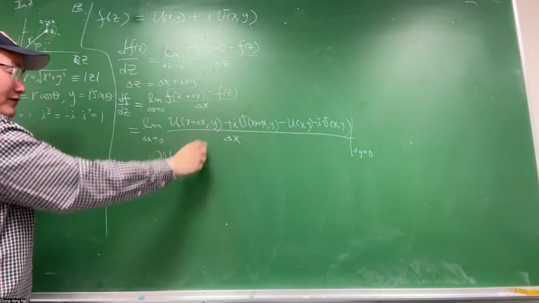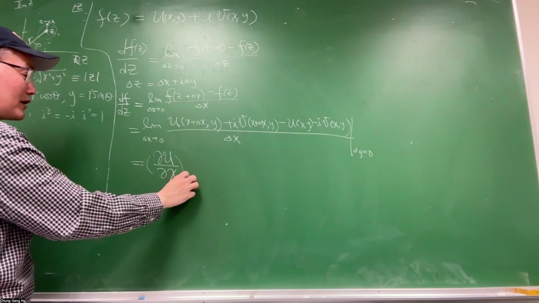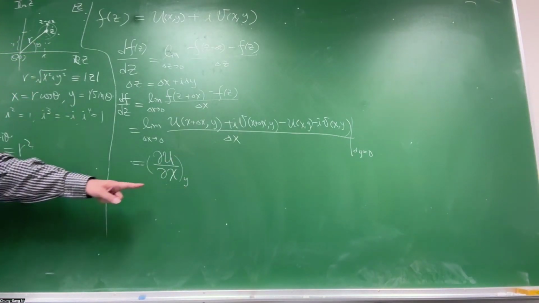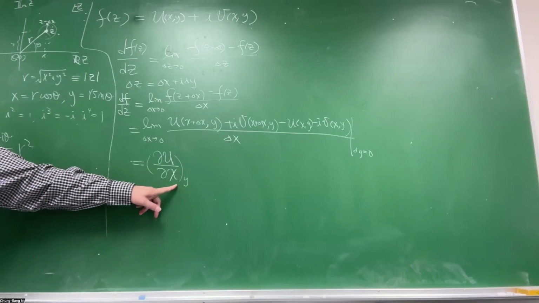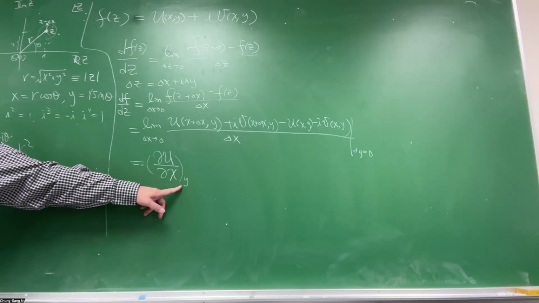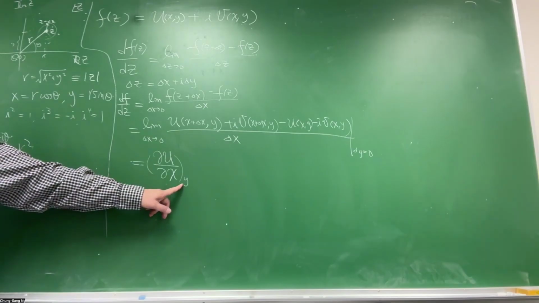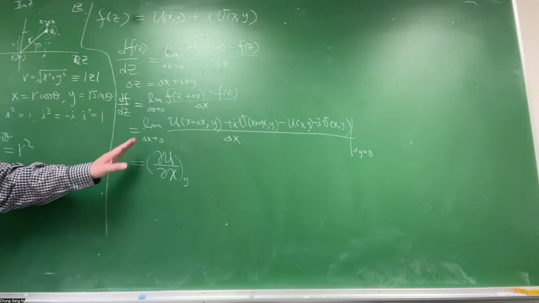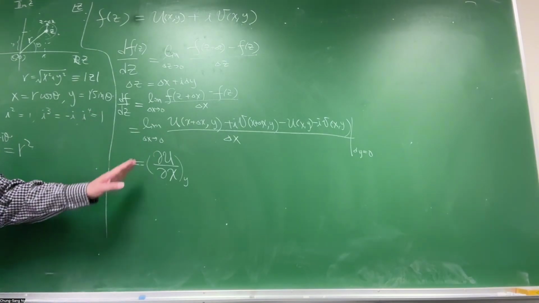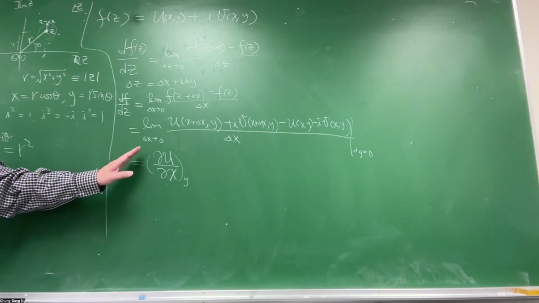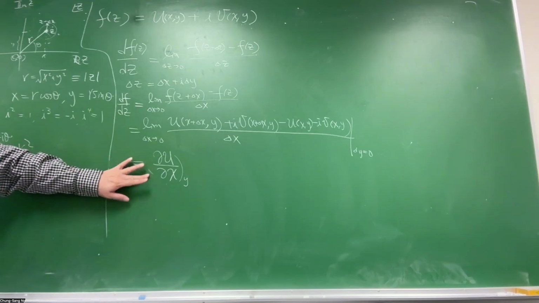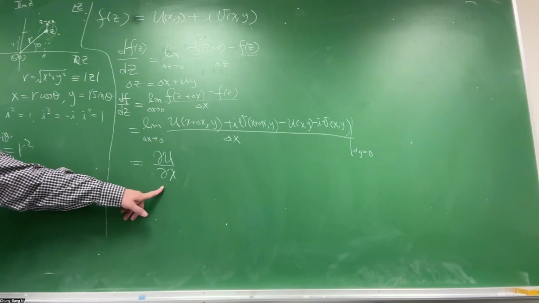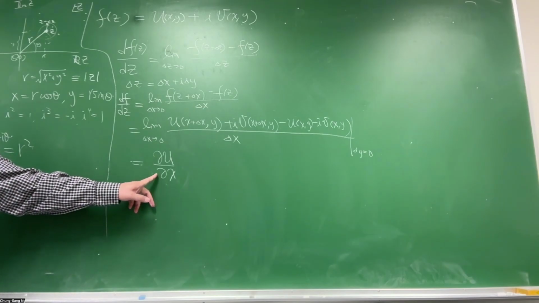In this case, y is kept fixed. So the full notation should have a subscript y, indicating what else is kept constant. But in many situations, people don't want to write that many things and just implicitly assume that y is kept constant.